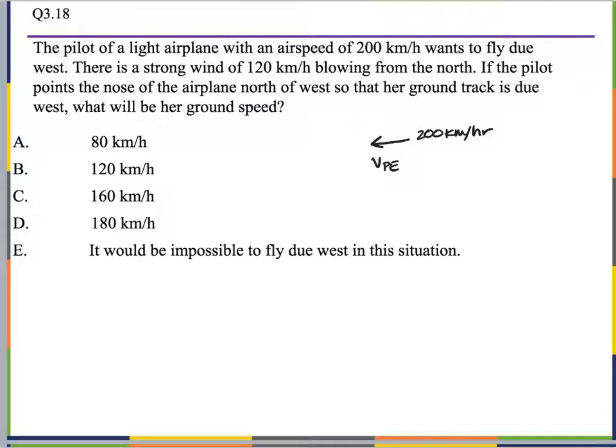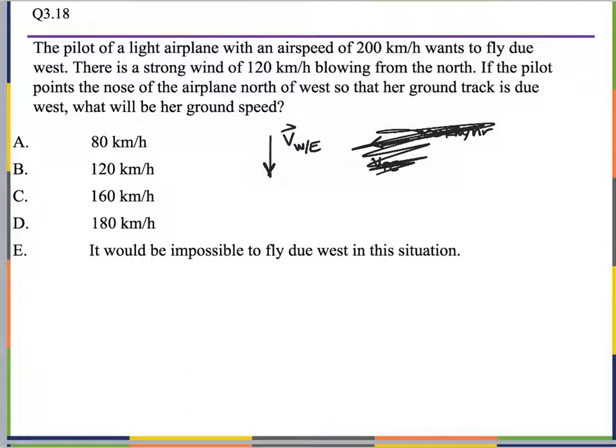Let me erase that. So the pilot wants to end up going due west, but there's a wind blowing from the north. So that's the velocity of the wind with respect to the Earth.